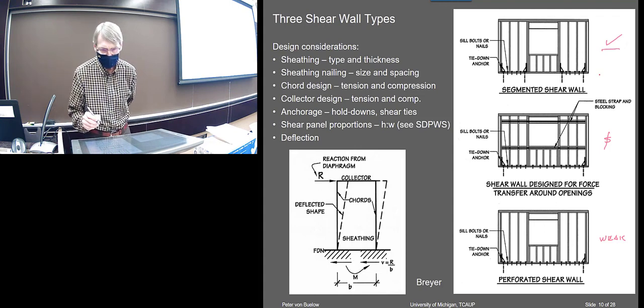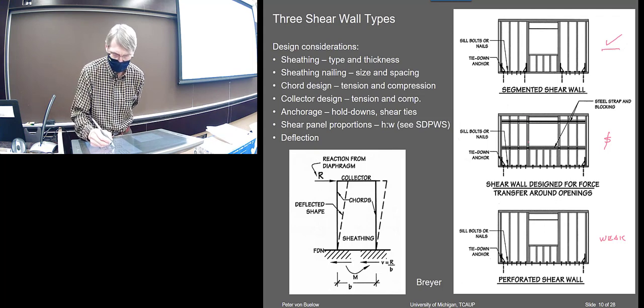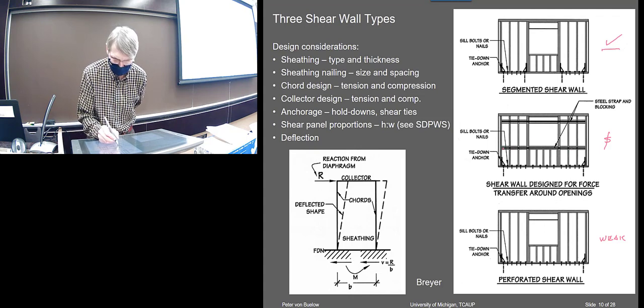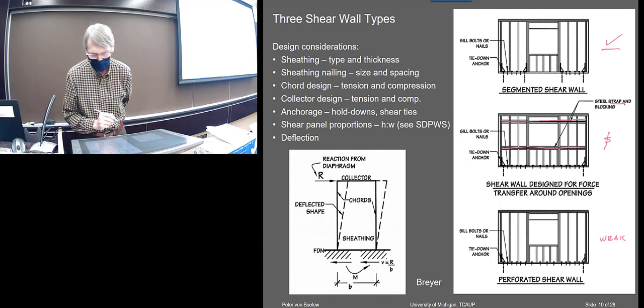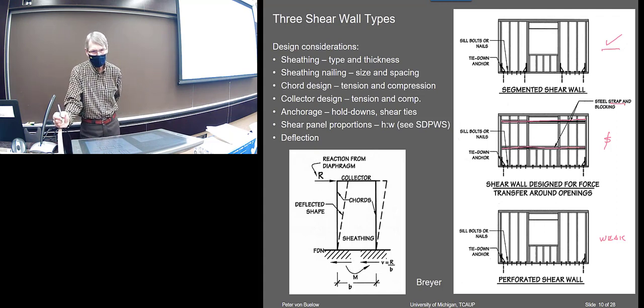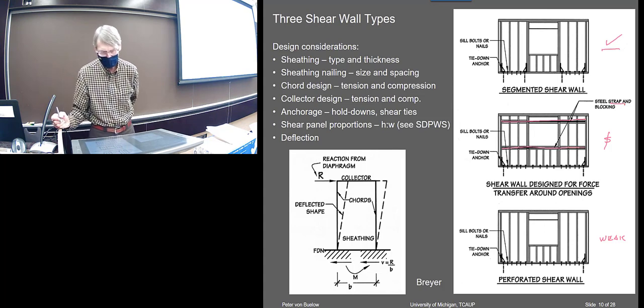If you really needed the strength and you had large openings, this one would be possible, but it includes these steel straps that have to be placed on the wall, which is kind of an expensive procedure. So that is probably less common.